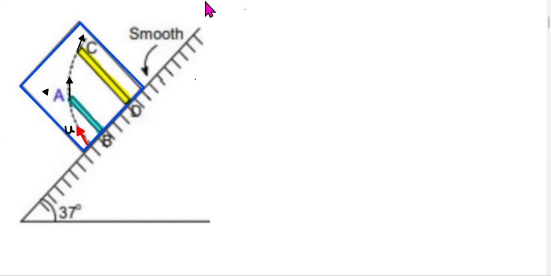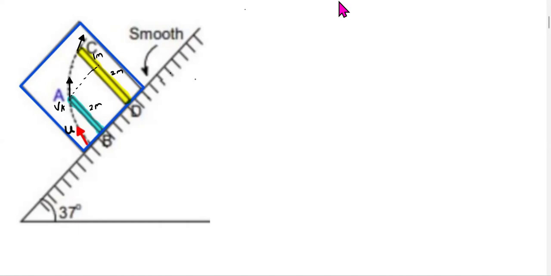So let the velocity at this point be VA. And this length is given, AB equal to 2 meters. This length CD is given equal to 3 meters. This is 1 meter.